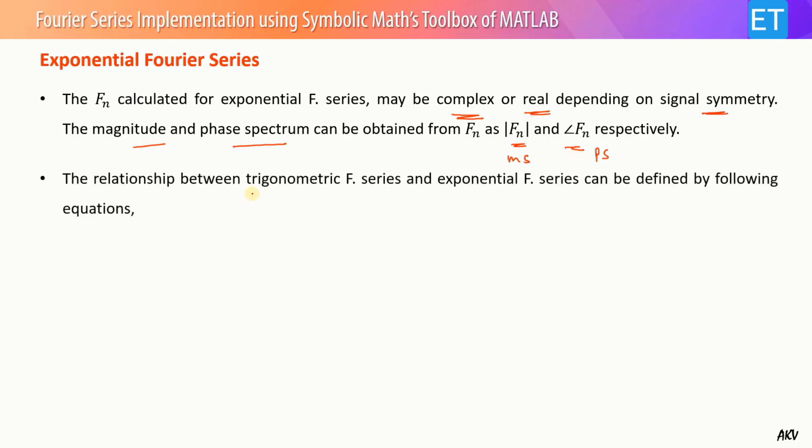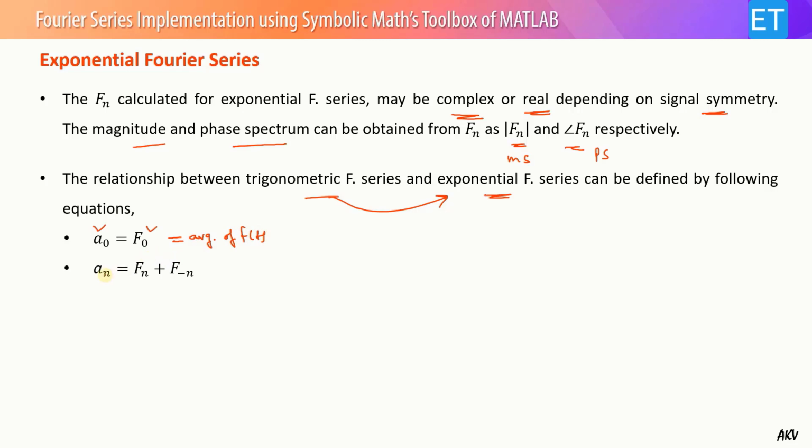We have a relationship between the trigonometric Fourier series and the exponential Fourier series, because the exponential Fourier series expression is directly derived from the trigonometric Fourier series. The derivation I'm not giving here to keep it precise. So we have a few relationship equations. For example, the A0 of the trigonometric Fourier series is equivalent to the F0 of the exponential Fourier series, and both represent the average value of your function f(t).